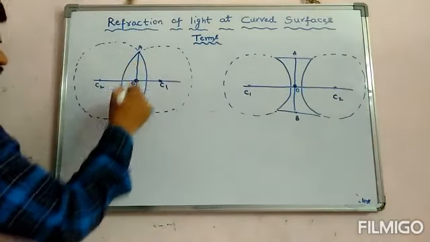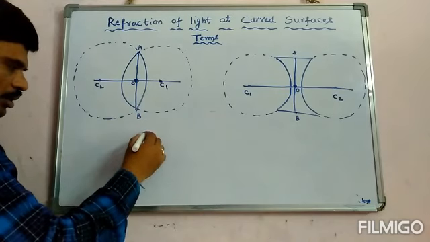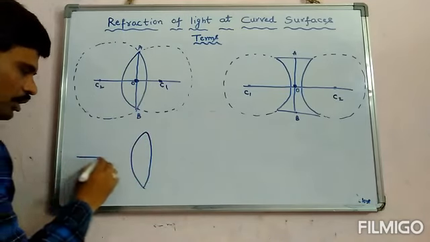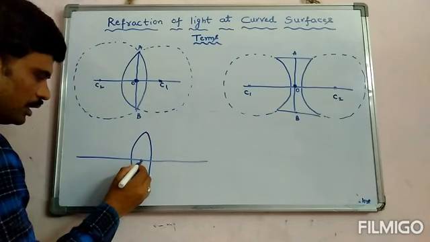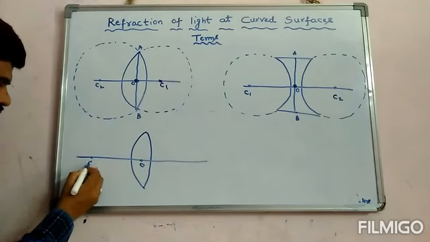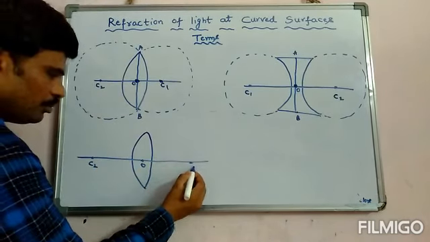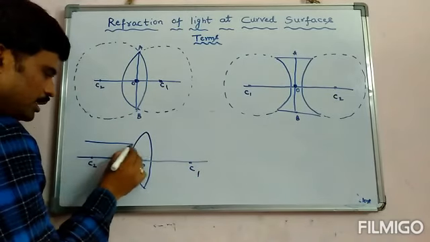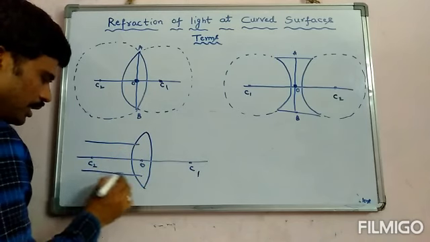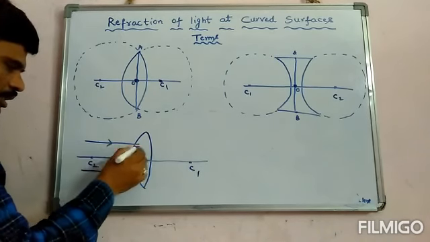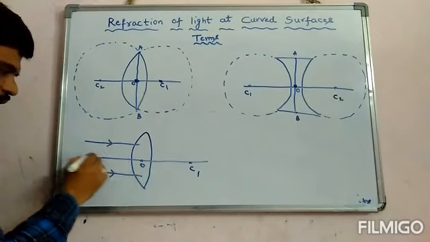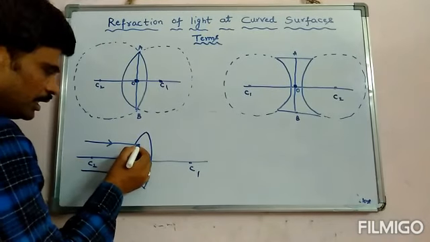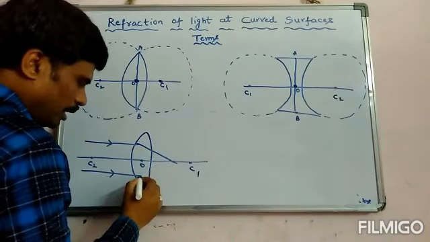And here once again you observe the convex lens. Convex lens will have an optic center, centers of curvature, right? And suppose if I make some parallel rays incident on the convex lens, passing parallel to the principal axis, then they will converge at a point.